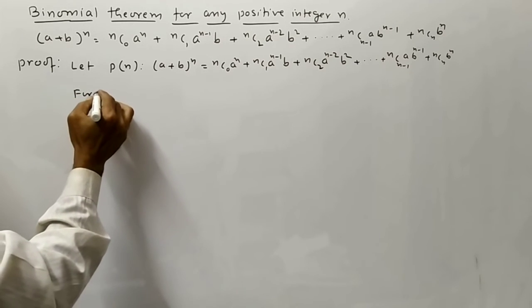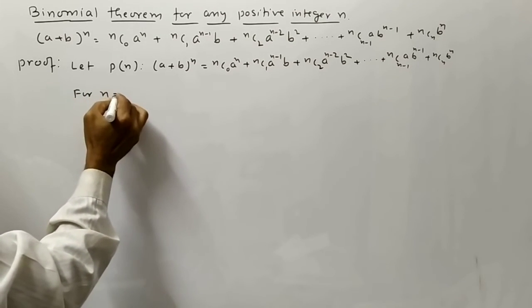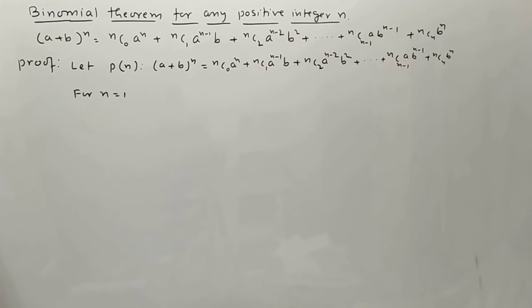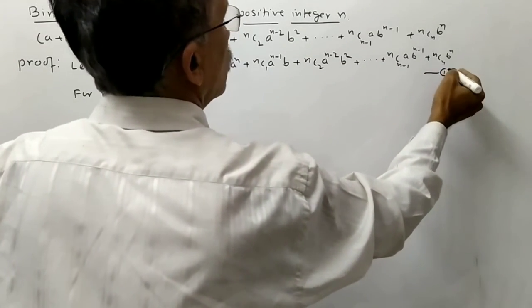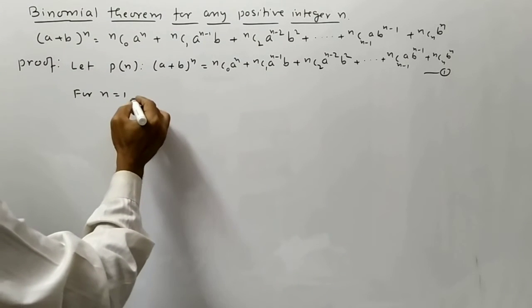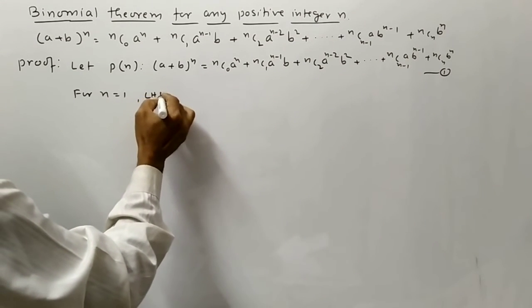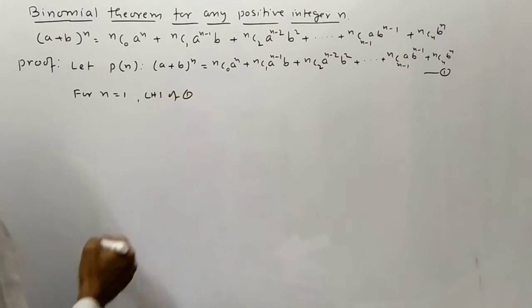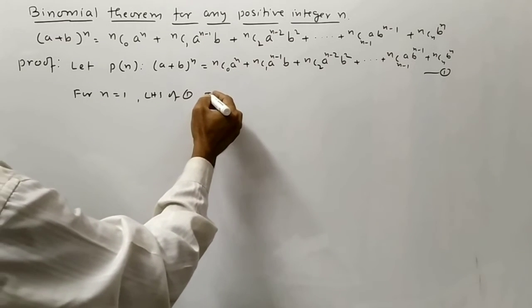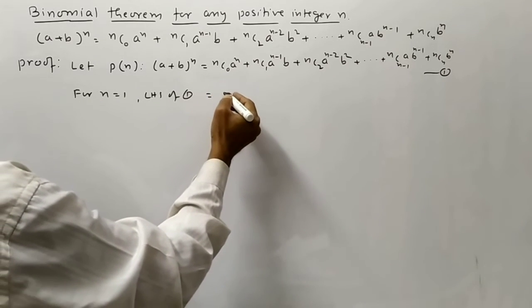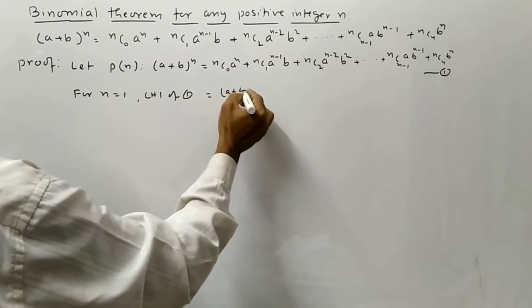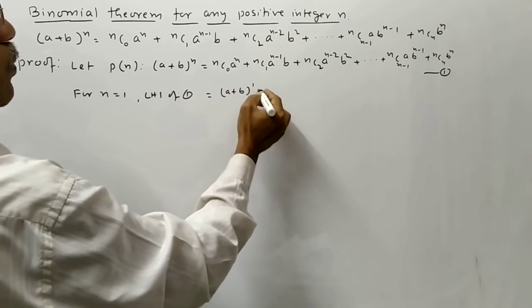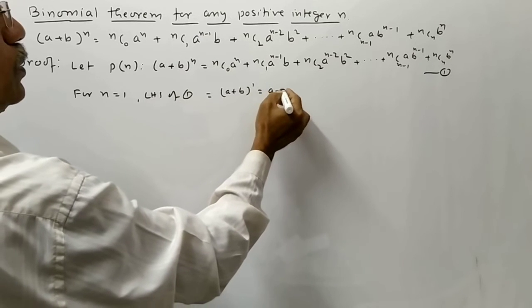For n is equal to 1, LHS of 1 is equal to (a plus b) whole raised to the power 1 is equal to a plus b.